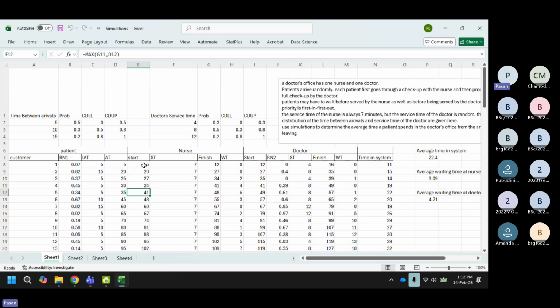Initially it is the first customer's arrival time, and then for the second one, it has to be the maximum of the arrival time or the finish time of the previous customer. So that's what we identified. And then the finish time we can identify as the summation of the service time and the start time, right?